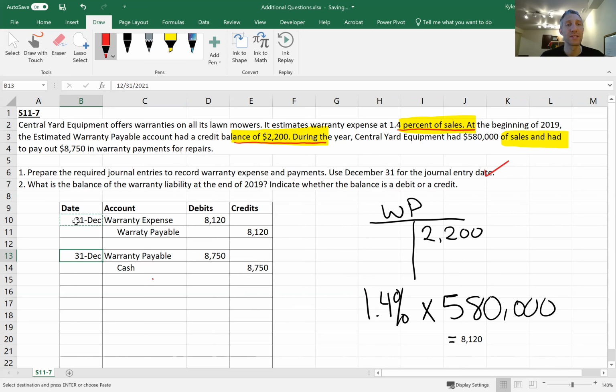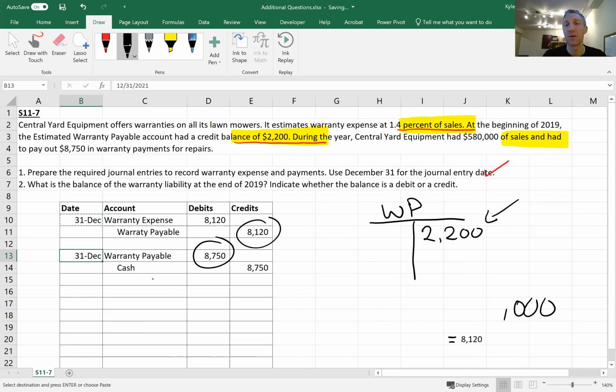Requirement 2 is, what is the balance of the warranty liability account at the end of 2019? Indicate whether it has a debit or credit balance. Well, I've already kind of started us here, right? I wrote down what the beginning amount was, and then we had these debits and these credits to the warranty payable account.